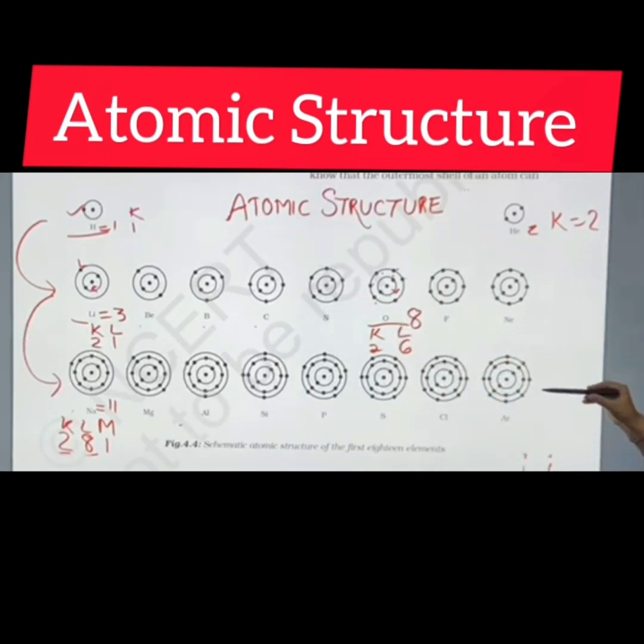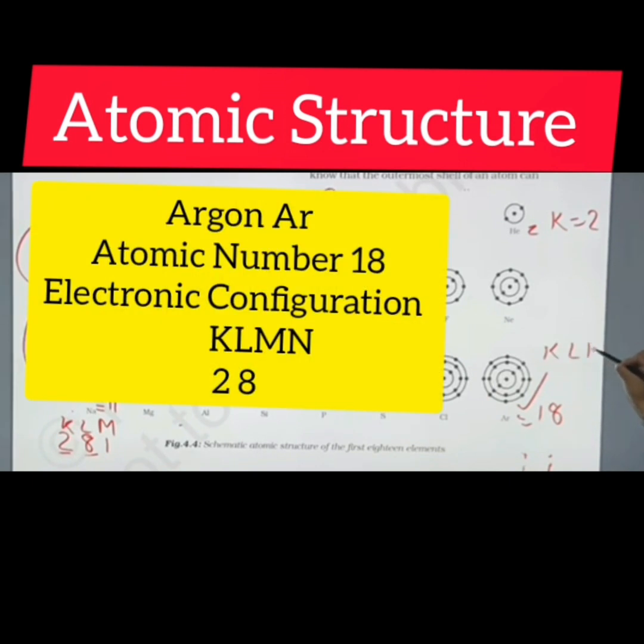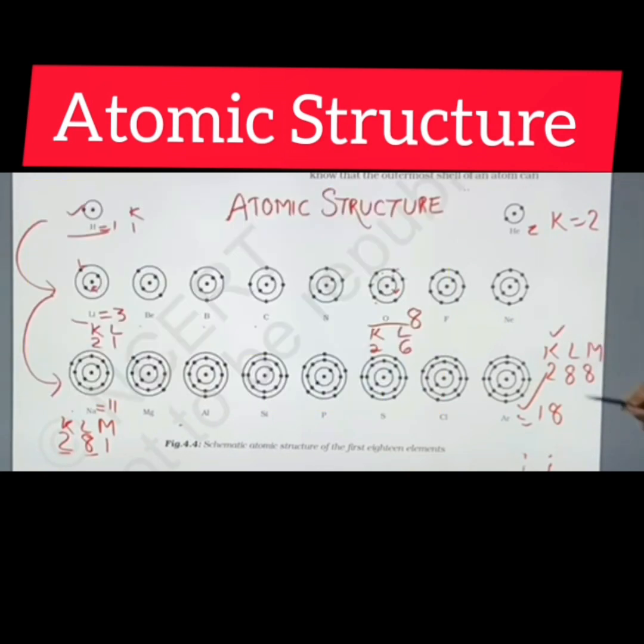The next example I'm going to take is argon. In argon, we know that the atomic number is 18. So the distribution in K, L, M is 2, 8, and 8. This indicates that the K shell is completely filled, the L shell is completely filled, and then the electrons go to the M shell, which also has 8 electrons.